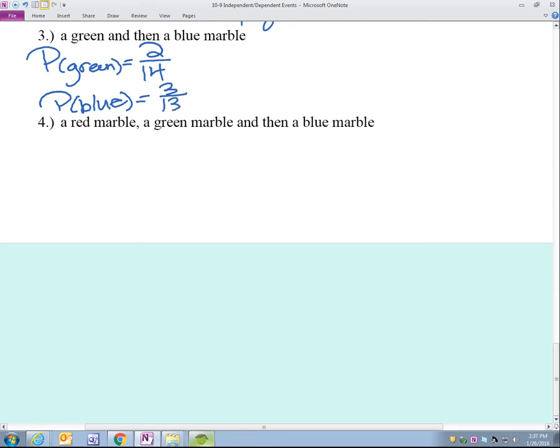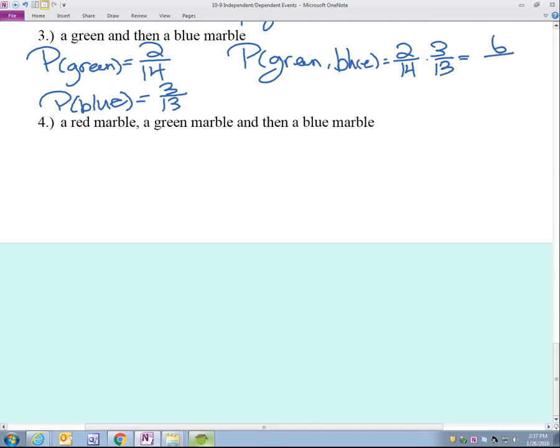Regardless of whether we're talking about marbles in a bag or spinners, because spinners are on the homework in addition to stuff just like this, just keep in mind that it's however many are left for dependent probability. So the probability of green and then blue is going to be 2/14 multiplied by 3/13.